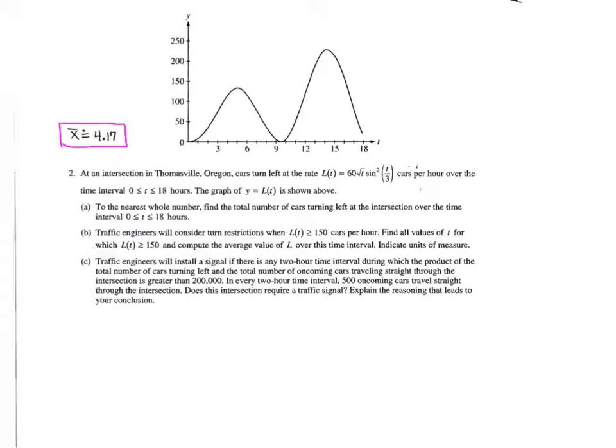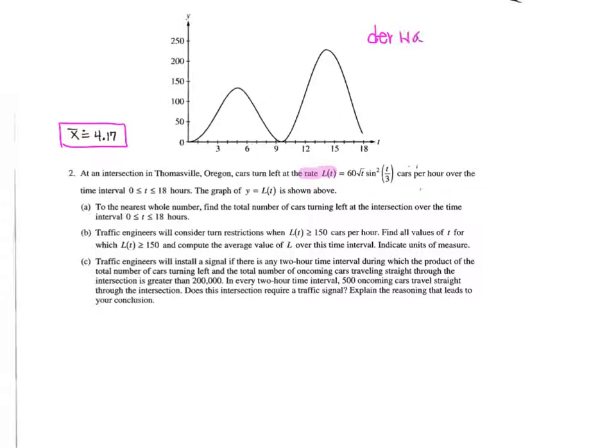It says, at an intersection in Thomasville, Oregon, cars turned left at a rate of L of t cars per hour, over the time interval 0 to 18 hours. The graph of L of t is shown above. Okay, so a couple things should jump out at you. Rate, so this is a graph of the derivative.